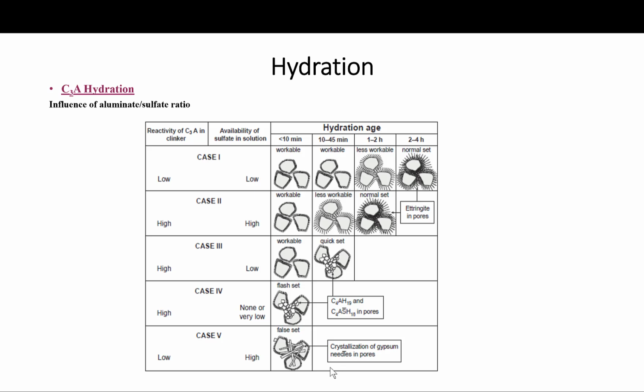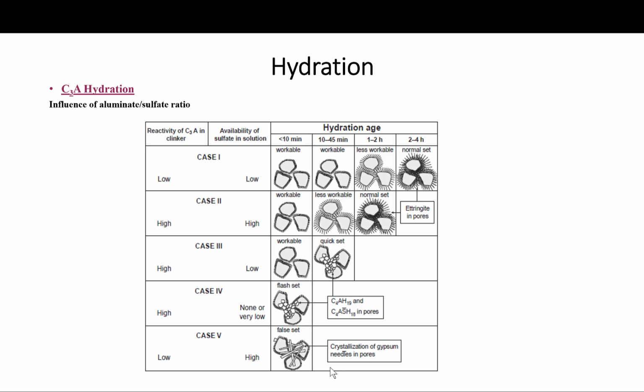Okay, and again, just to be thorough, I want to elaborate more on the different scenarios of the hydration of C3A, and what happens in each case when we have different levels of sulfates in the cement.